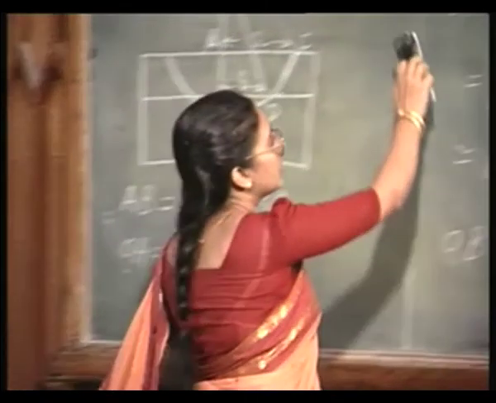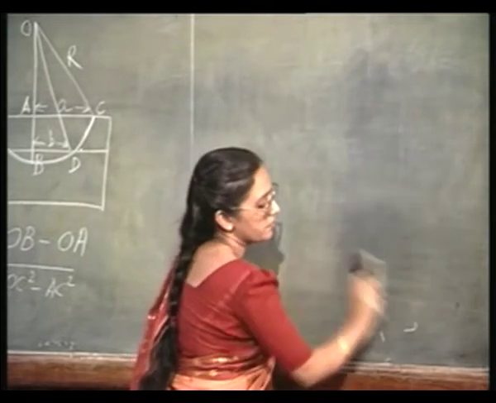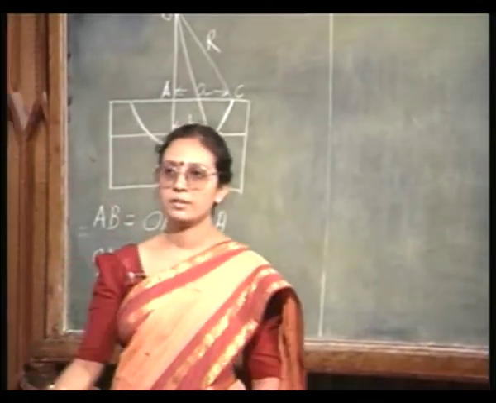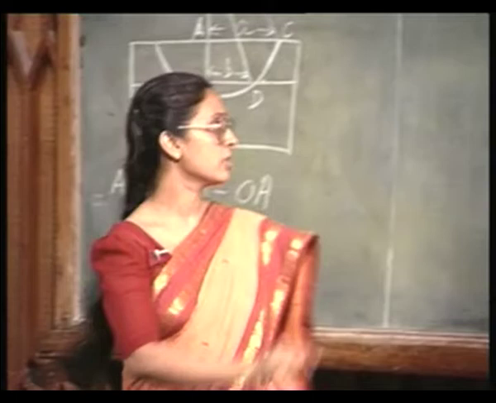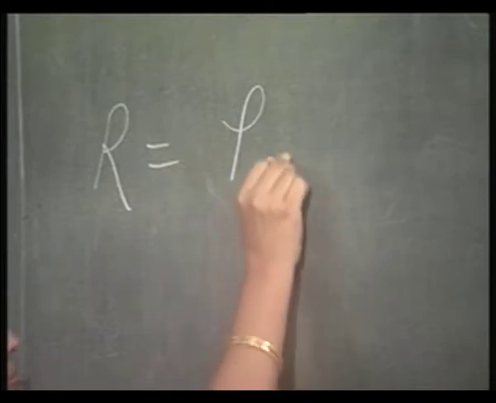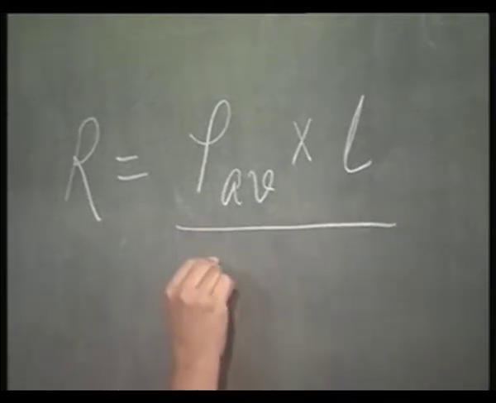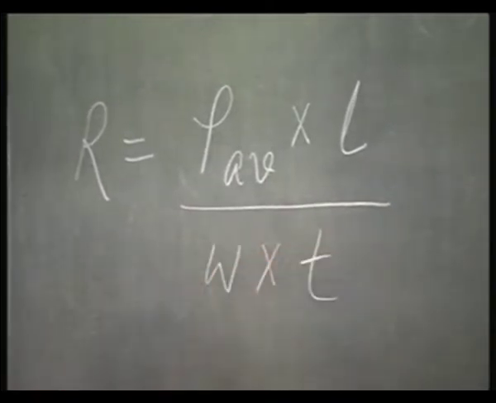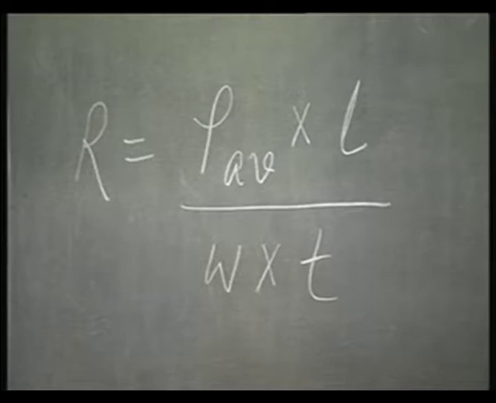So, now if I look at this doped region, which has a particular length, width and thickness, then the resistance R of this doped layer will be given by its average resistivity rho average into L, that is the length, divided by the cross sectional area, width into thickness, rho average into L by A. That is going to be the resistance of this doped region.